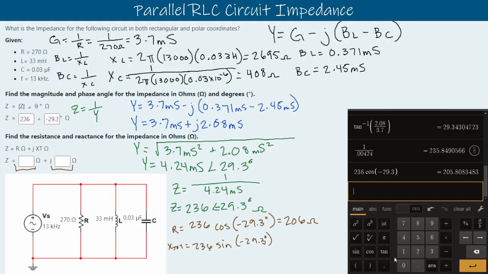And we'll say that we got the same thing, so 236, but sine of negative 29.3, negative 115. 115, that's also an ohmic value, but it's for the imaginary numbers, our inductor and our capacitor. 206 and negative 115. Watch out for your negatives on these.